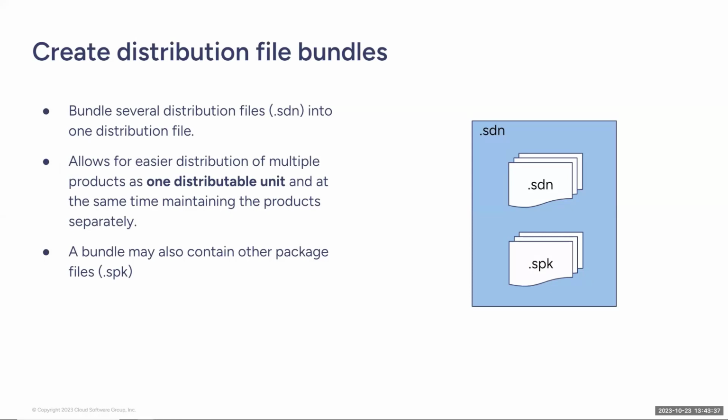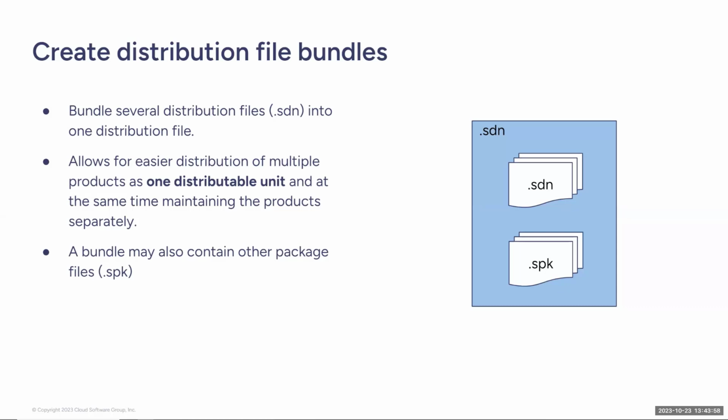The Spotfire custom extensions are distributed as .sdn files that are deployed to servers' deployment areas, and from there distributed to users and services. And an improvement to the package builder console application now makes it possible to bundle several distribution files into one distribution file.